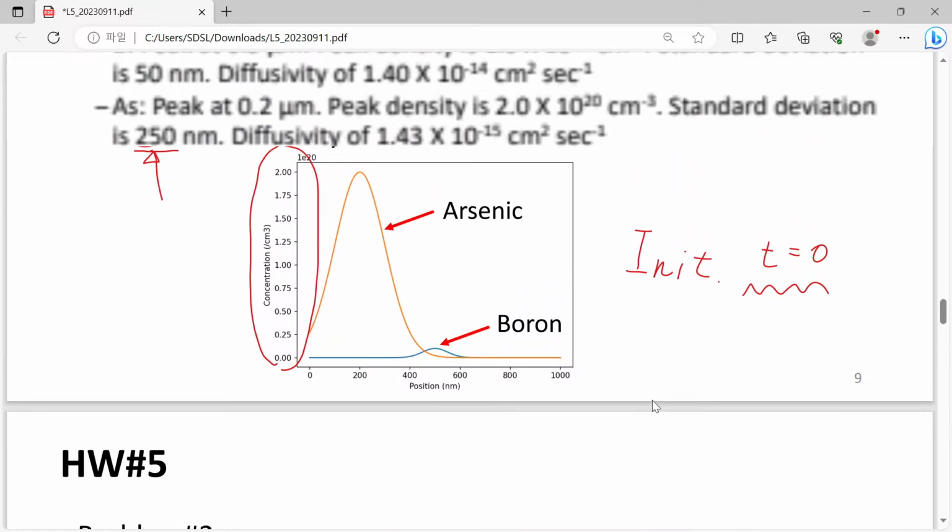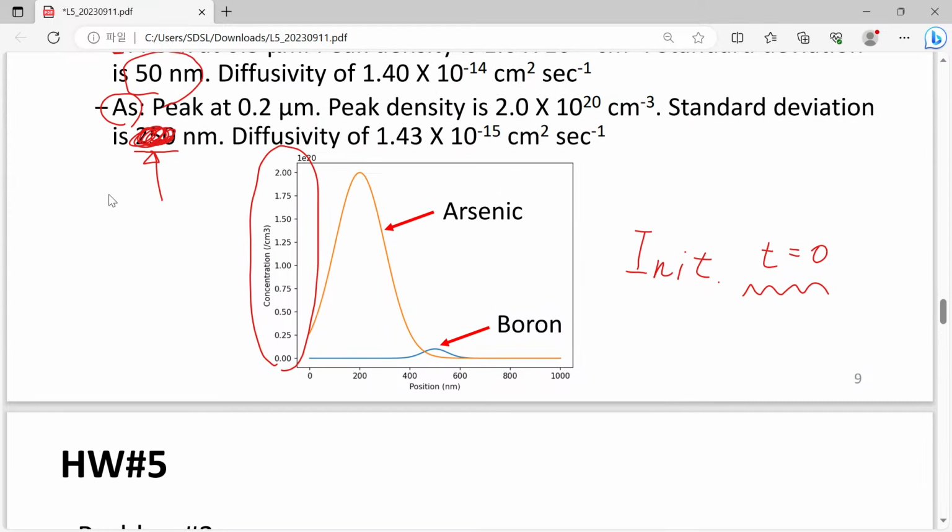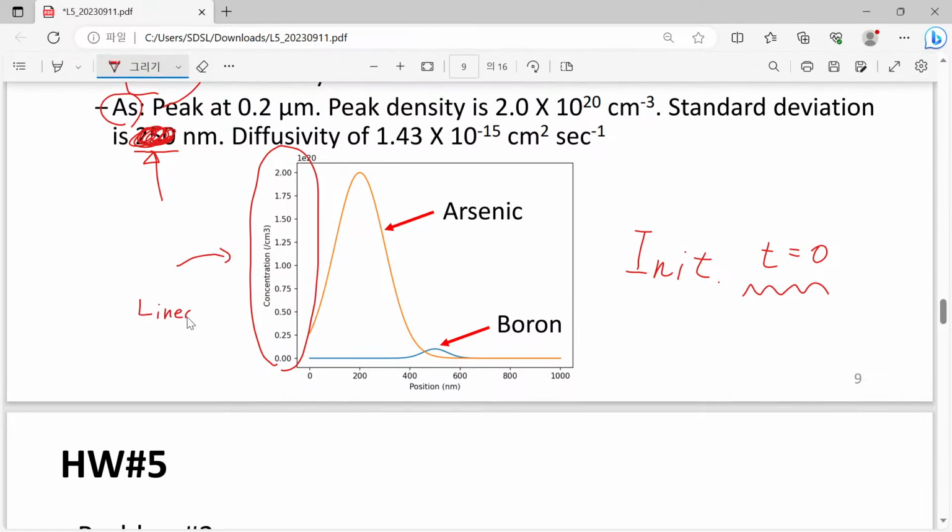Sometimes this kind of concentration is very difficult to understand in a linear scale, so please take a log 10 based axis only for the y-axis. Please keep the linear scale for the real space position.